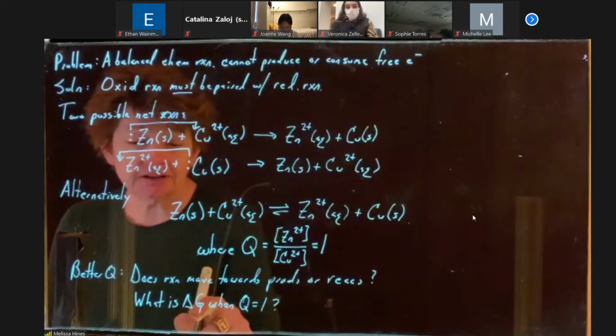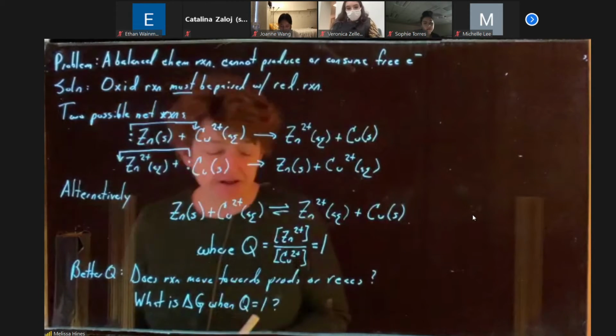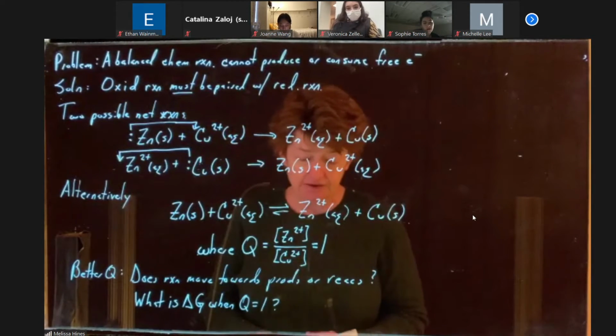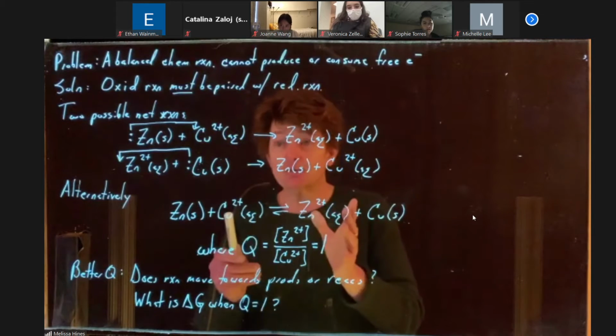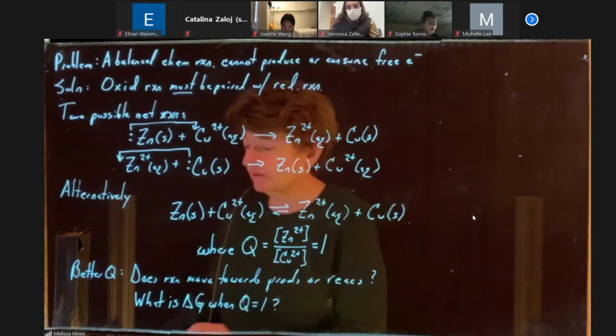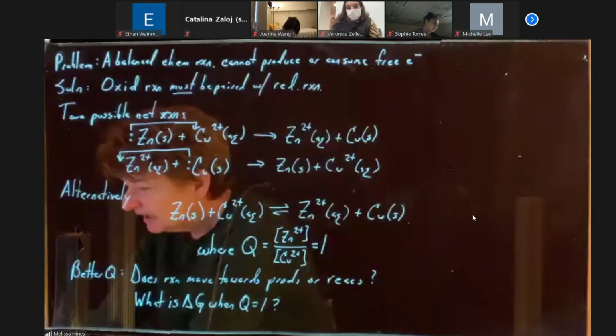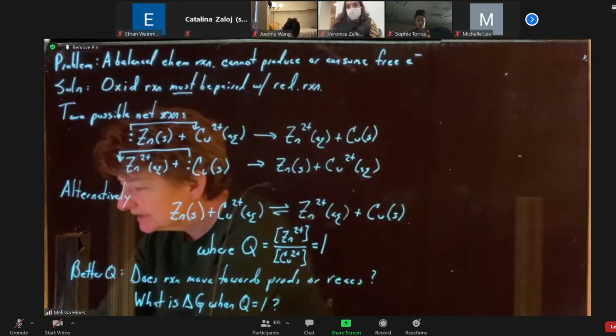If we can calculate our delta G, we'll be able to figure out whether we're moving towards reactants or products. So that's where we're headed with this, but let's have you do one more Learning Catalytics to sink some of these things into your brain.